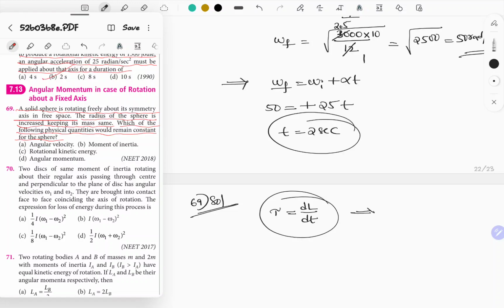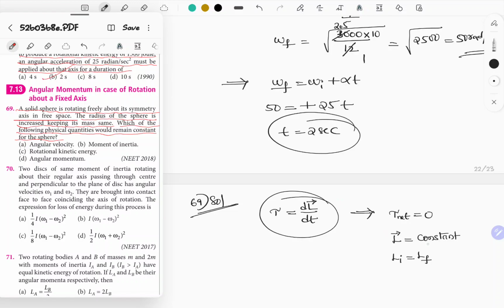What's the meaning of conservation of angular momentum? If net torque acting on the system is equal to 0, angular momentum remains constant, which can be written as initial angular momentum is equal to final angular momentum.